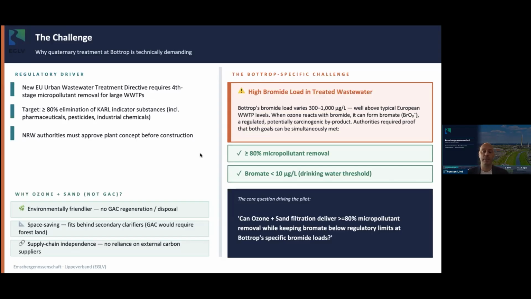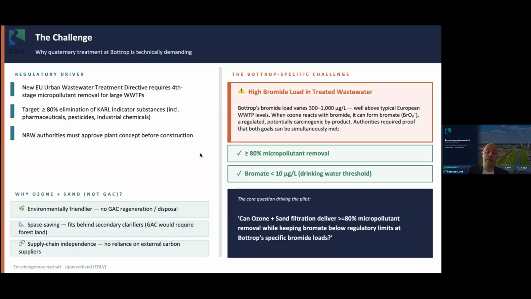The major reason is it is more environmentally friendly than using the granulated activated carbon. It needs less space than the other treatment versions, and we do have a particular problem with footprint or with space on site. And third, we want to be more independent of supply chains.